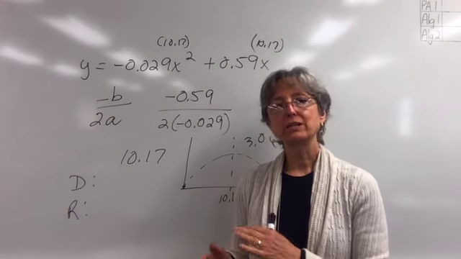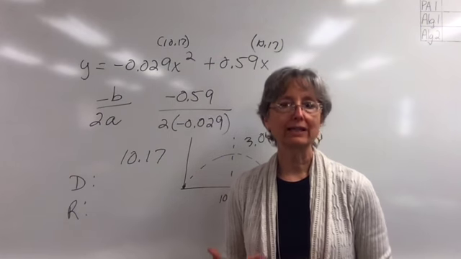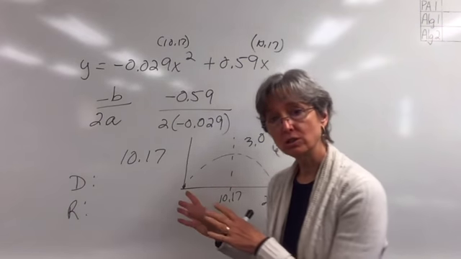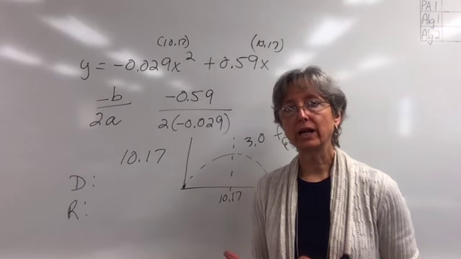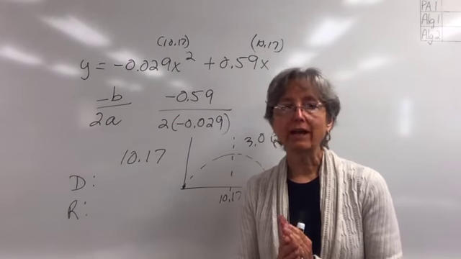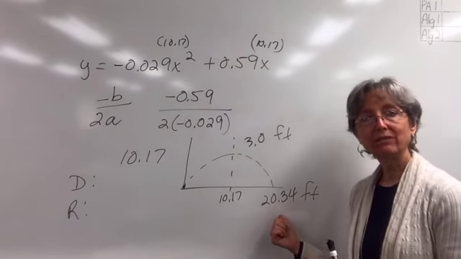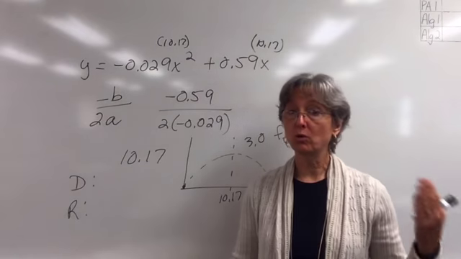One other aspect to these word problems is you are going to be asked what's a reasonable domain and range that would represent a frog's jump. And you can use this equation to give you an idea. You wouldn't have a negative distance of a jump. This one was over 20 feet, so maybe a reasonable domain would be between 0 and 25.